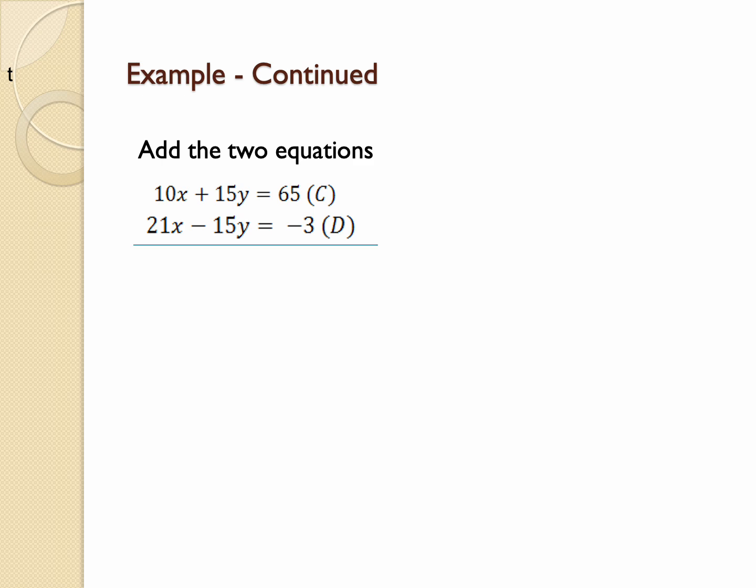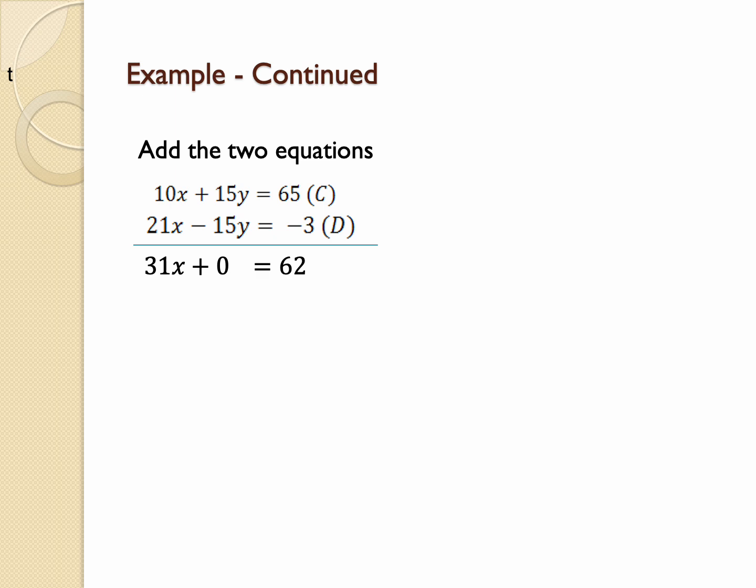So we just carry out an addition. 10x plus 21x becomes 31x, and 15y minus 15y leaves us with 0, and 65 minus 3 gives us 62. So now you can see the variable y has been completely eliminated.